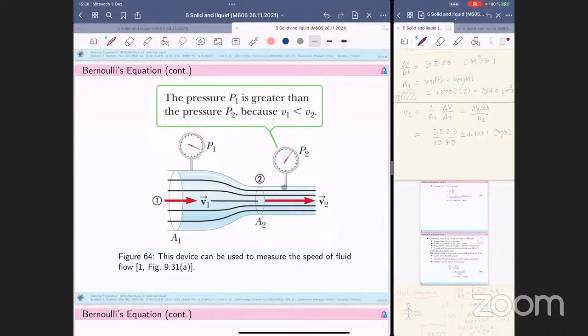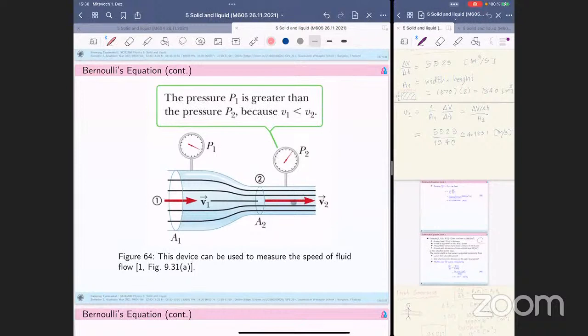And look at this pipe, the needle is pointing in this way, which is lower than the first pressure. And the length of the vector V2 is greater than the length of the first vector V1.